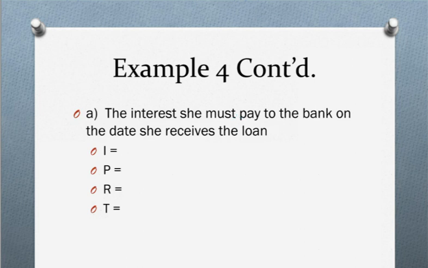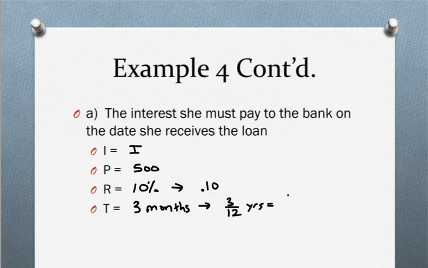Well, we are trying to find interest, and so we'll leave that as I. The principal, she borrowed $500, and her rate is just 10%. So we'll change that into 0.10, or just 0.1. And then our time is 3 months. Remember, we need to change this into years, and we would do that by saying 3 over 12 years.